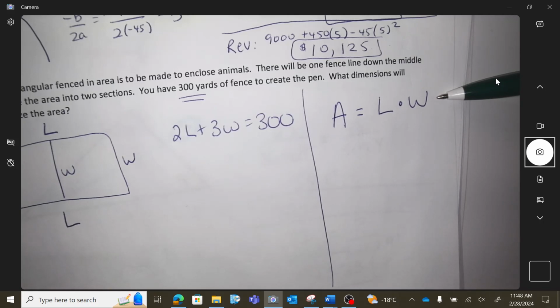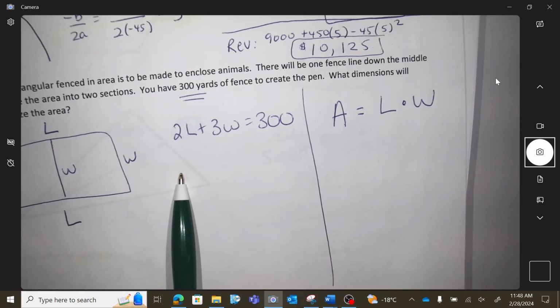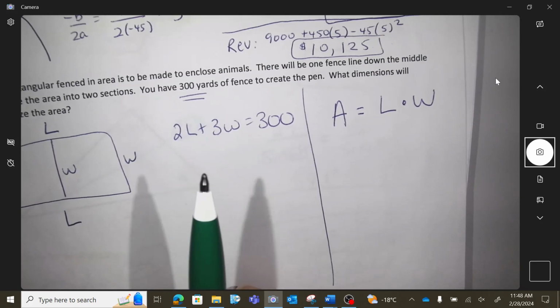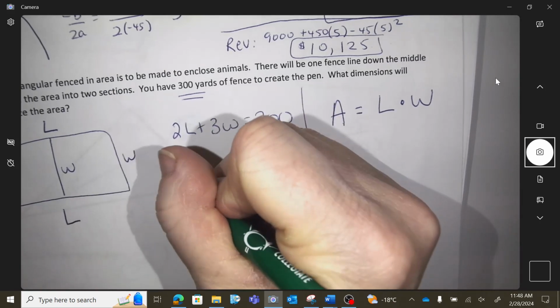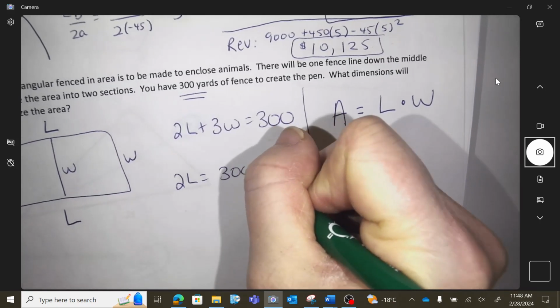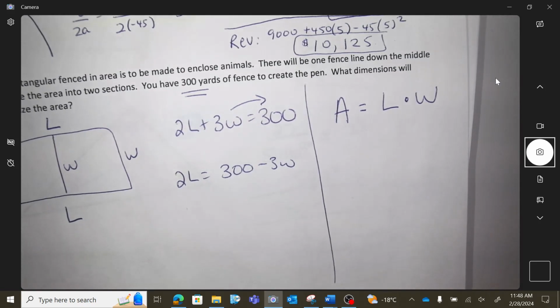So what's the purpose here now? We're going to substitute. So what's better alone, the L alone or the W alone? L alone is easier. Whatever one's the smaller. So 2L equals 300 minus 3W. Move that over.